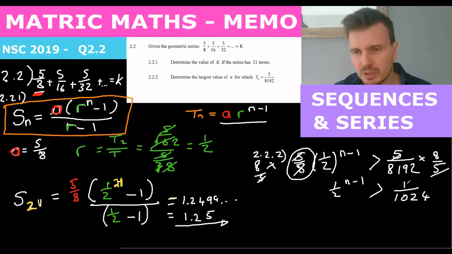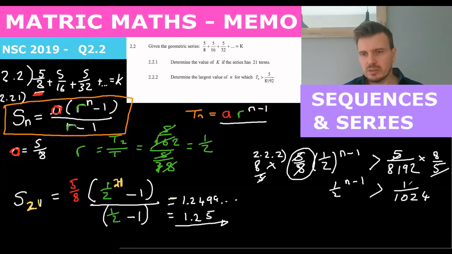There are a couple of ways we could approach this. We could get this number to be a half as well. So let's get them both to the base of a half. So it's a half to the n minus 1 is greater than 1 over 1024, which, as far as I remember, is 2 to the power of 10.